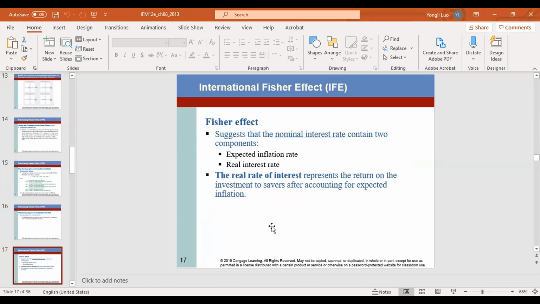The international Fisher effect suggests that the nominal interest rate contains two components: the expected inflation rate and a real interest rate. The real rate of interest represents the return on the investment to savers after accounting for expected inflation.